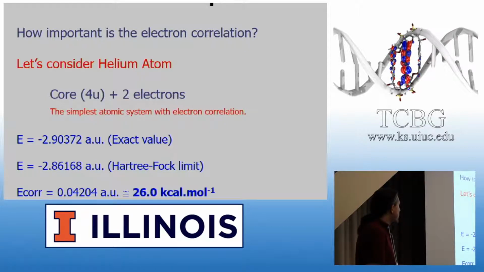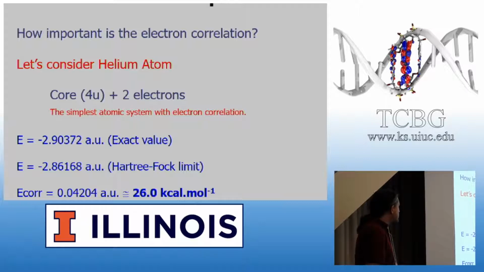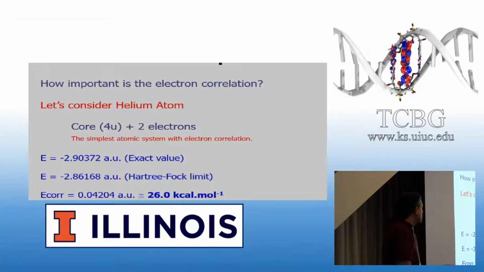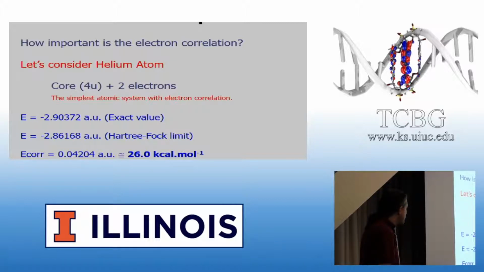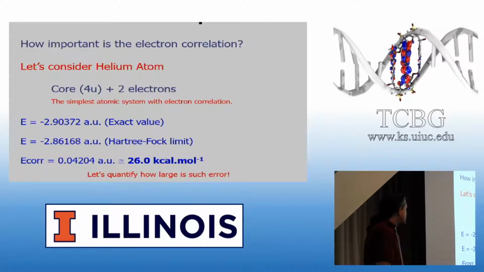Let's consider the helium atom. The helium atom has a nucleus with 2 protons, 2 neutrons, plus 2 electrons outside of the nucleus. And this is the simplest atomic system with electron correlation.